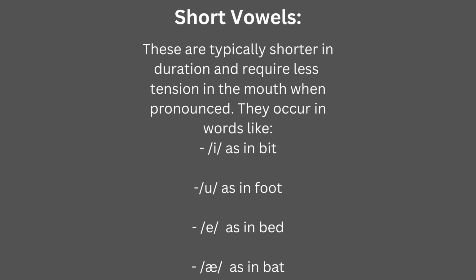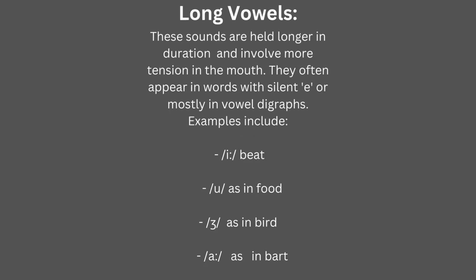So these words contain the short vowel sounds, and they are typically produced as a short sound whenever we pronounce them. Long vowel sounds, on the other hand, are vowel sounds that are held longer in duration when we pronounce them, and they involve more tension in the mouth.